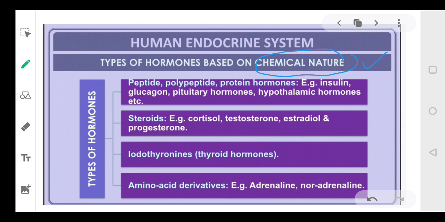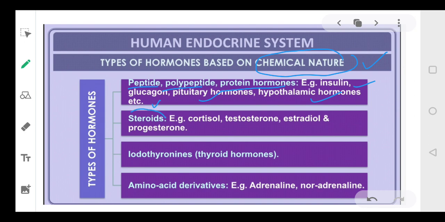First is they may be a peptide hormone, polypeptide hormone, or a protein hormone, right? So the examples are insulin, glucagon, pituitary hormones, hypothalamic factors. So all the hormones that are produced from the hypothalamus or the pituitary come under this category.